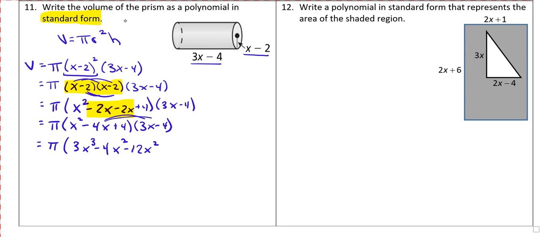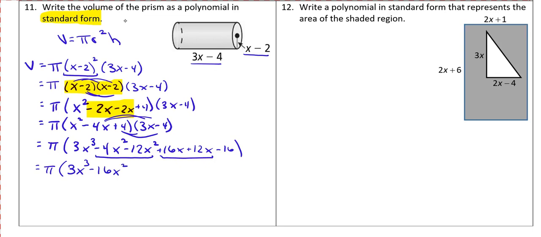And then we'll do negative 4x times negative 4, which is 16x. And then finally 4 times 3x, which is 12x. And 4 times negative 4. So again, we're going to combine things. These are going to combine, and these are going to combine. So pi times 3x cubed minus 16x squared plus 28x minus 16.